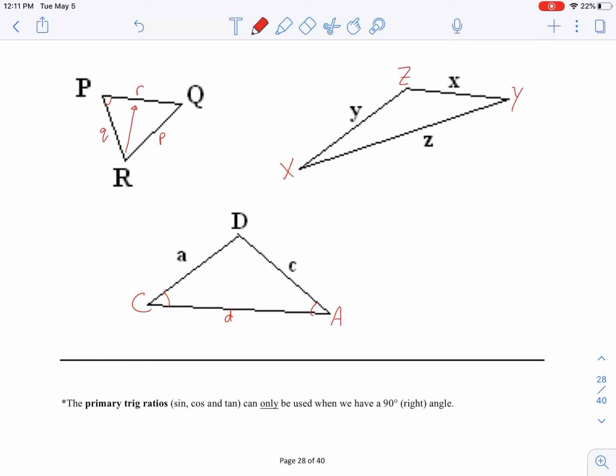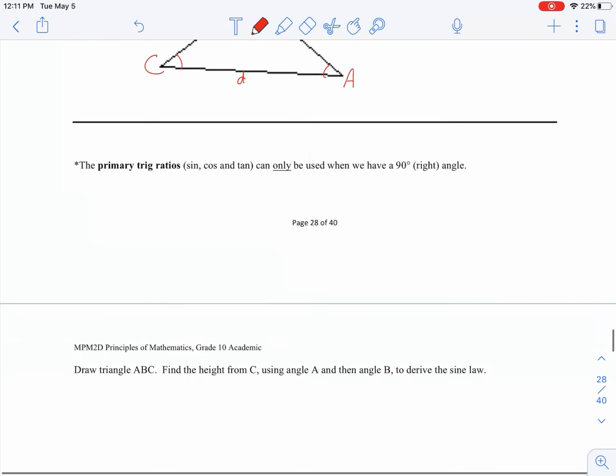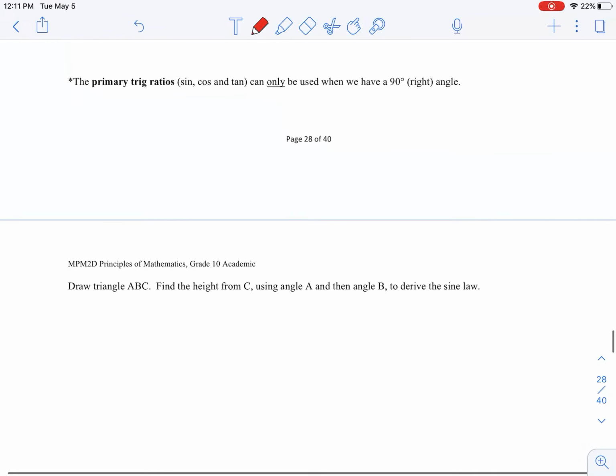Pretty straightforward. So once again, those primary trig ratios that we've been using all along, the sine, cos, and tan, and their inverse, they can only be used when we have a 90-degree angle or right angle triangle. So we can only use SOHCAHTOA, how we remember that one, with 90-degree angles.